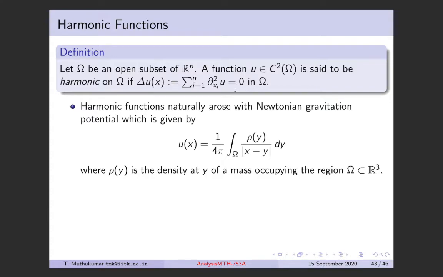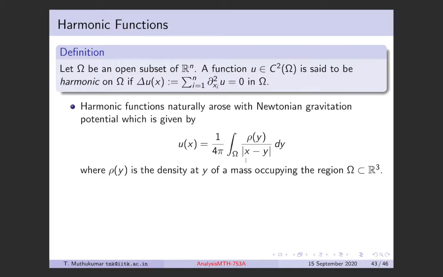So the Newtonian gravitational potential can be given by this formula, that it is the sum over the density and the distance.